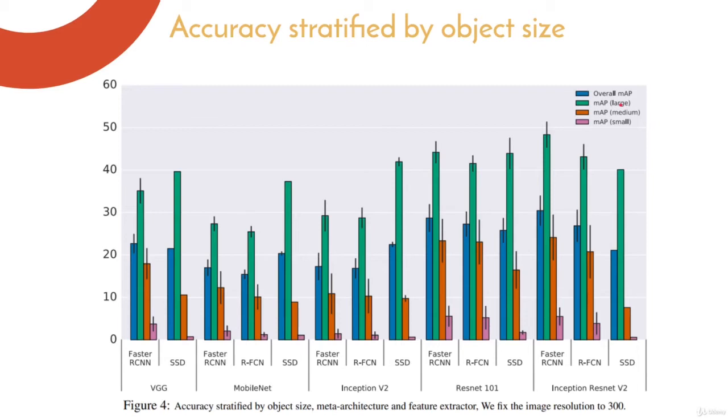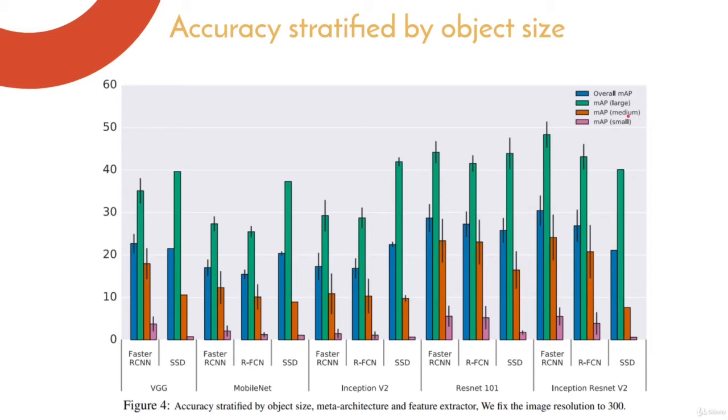So you can think of it as a car, for example, on the road. If it's closer to the camera, it will look large, and if it's far from the camera, it will look small. So this is how you think about large and small objects in the image.